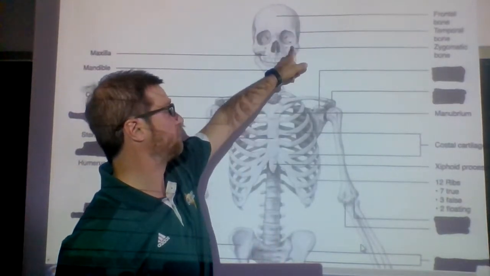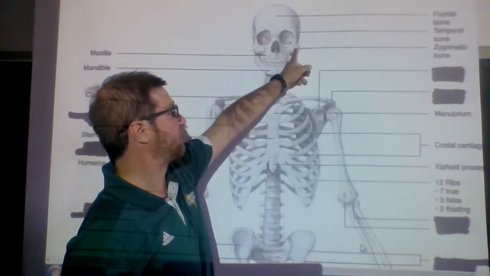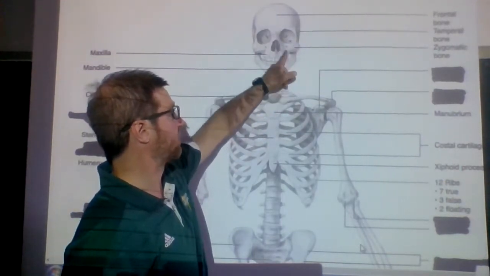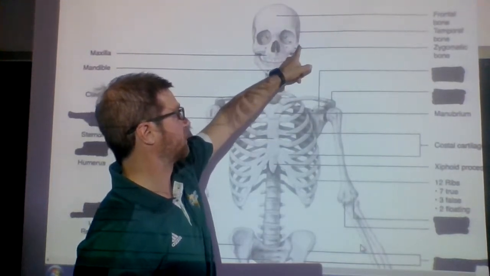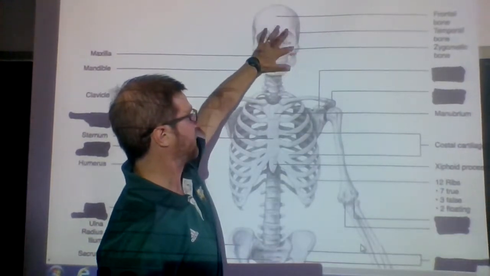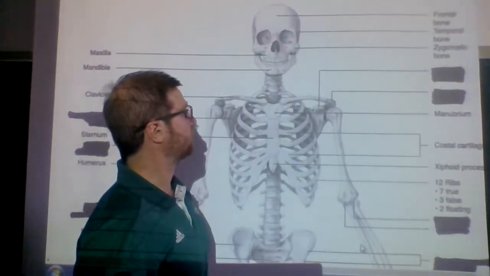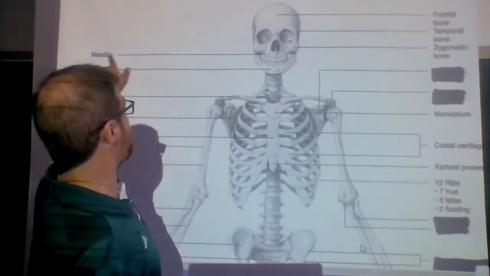We'll look at the skull in more specific detail later, but it is separate from the skull itself, and separate also from the maxilla, which we'll look at in a second. So the zygomatic starts at this suture here and all the way down to this suture here, and that is your zygomatic bone.